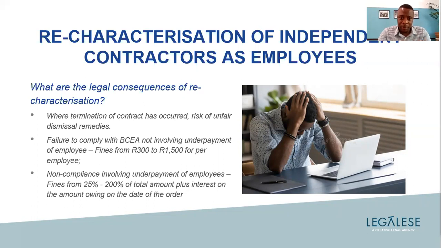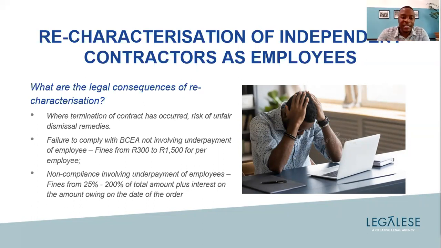implications within an employment relationship is that a person will be entitled to certain benefits, annual leave benefits, paid annual leave benefits. If they fall within the earnings threshold, they will be entitled to overtime.